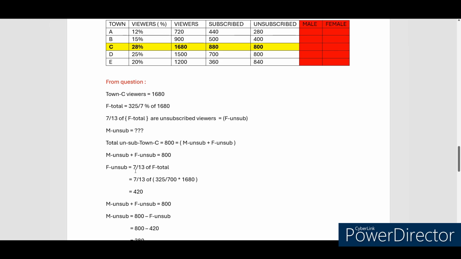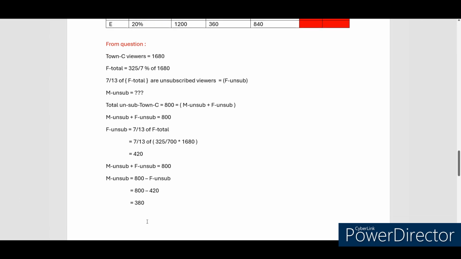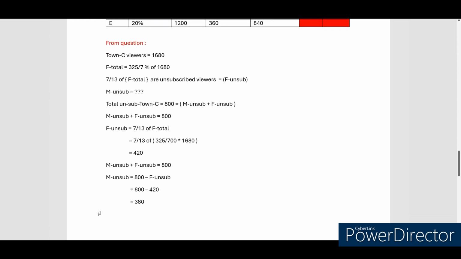So if you solve this, that is 7 by 13 of what is F total? 325 by 7% of 1680. Very simple, right? So total female unsubscribed will be 420. M plus F is equal to 800, F equal to 420. So what will be the value for male unsubscribed now? M is equal to 800 minus 420. So the answer is 380.